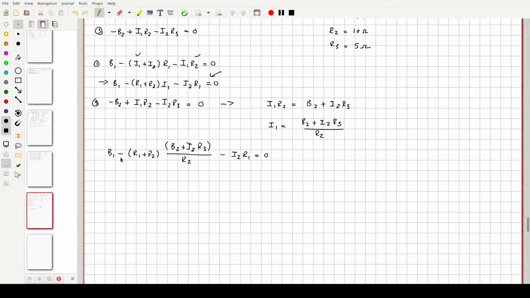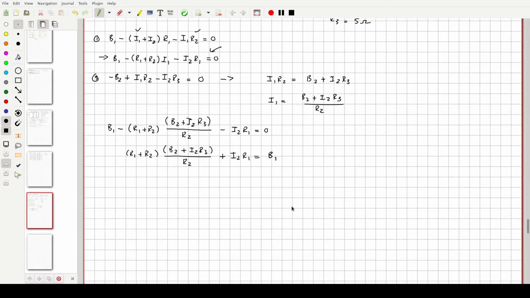So what I'm going to do is move this stuff over here to the right-hand side and flip things around, leaving the battery, or B1, on the left-hand side. When I do that, I have R1 plus R2 times B2 plus I2 R3 over R2, plus I2 R1 is equal to B1.